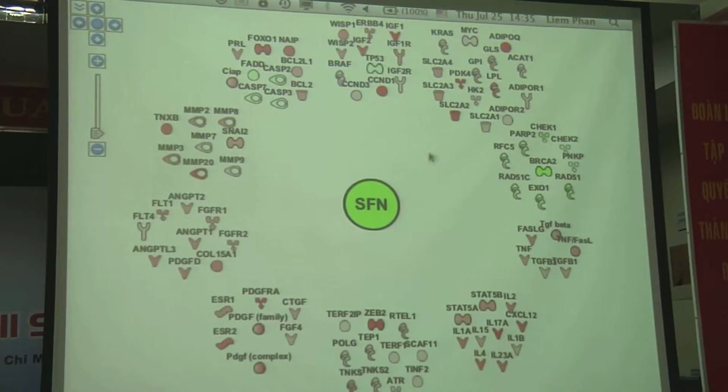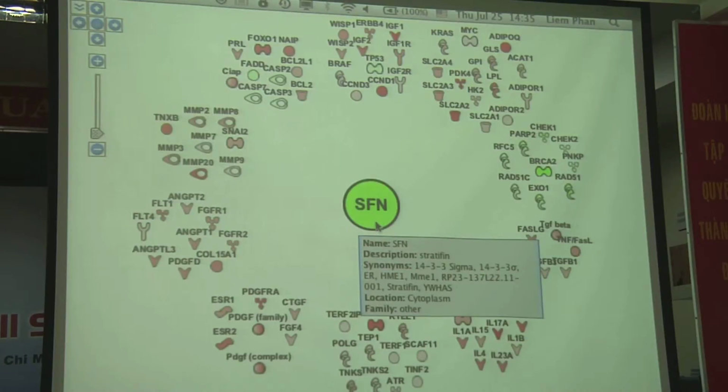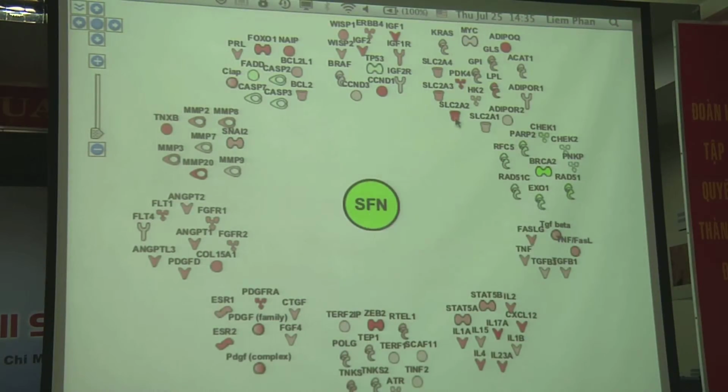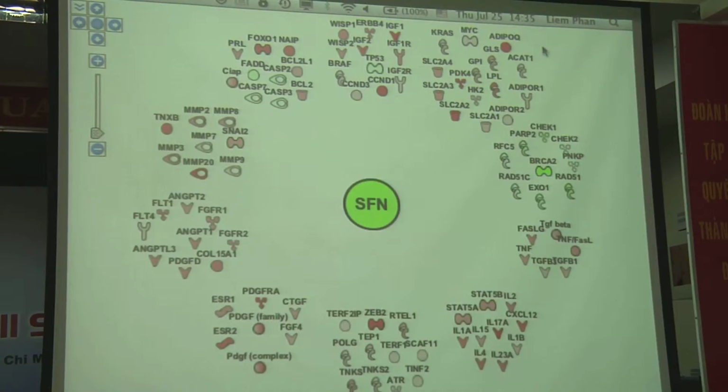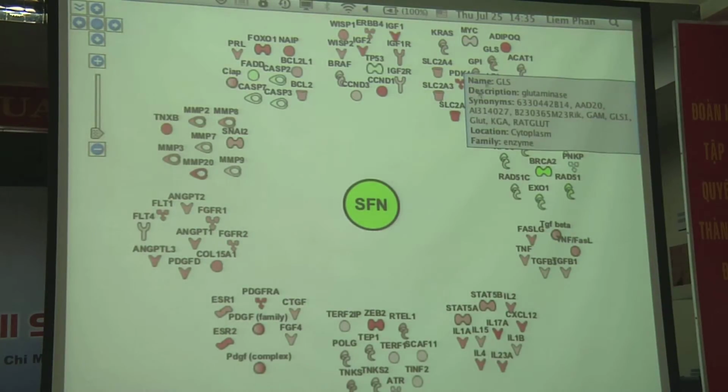And my PhD thesis focused on the cell metabolism, and we discovered that when 43 sigma is lost, the cancer cells will significantly upregulate multiple pathways involved in energy production and also cancer metabolism. For example, these genes involved in the glycolysis, and this is lipid metabolism, and this is gluconeogenesis as well.